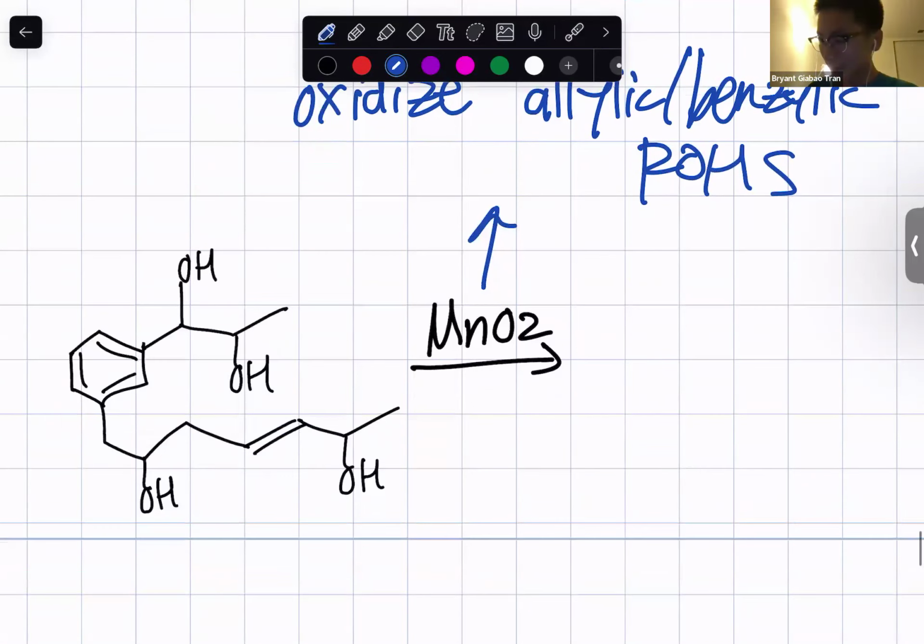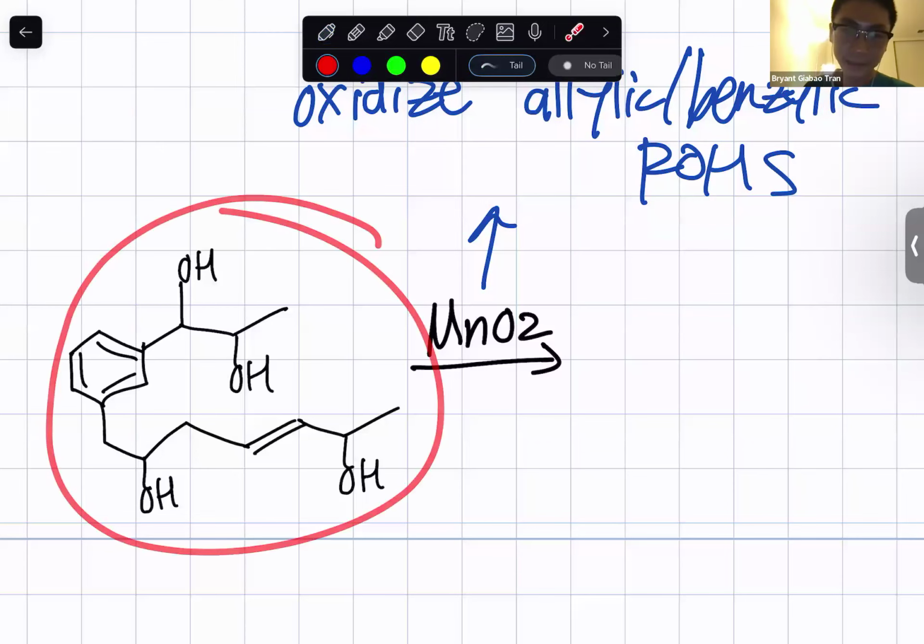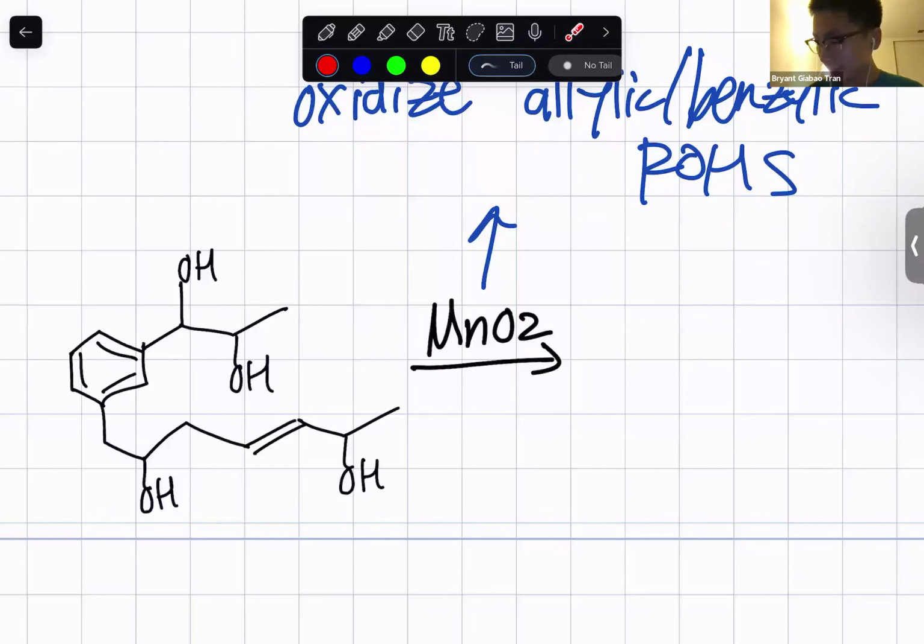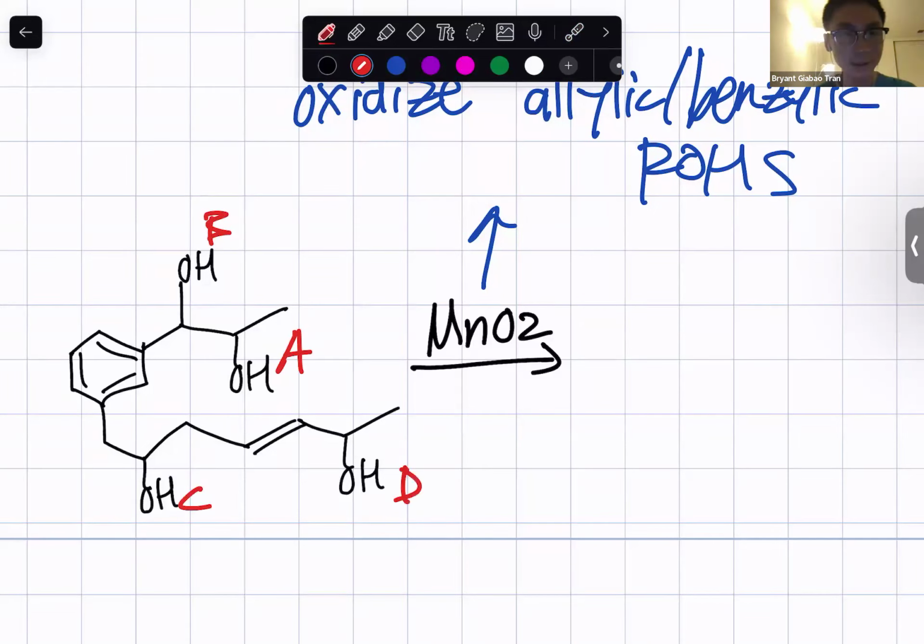So once you have this polyol reactant, with a lot of alcohols, you first determine which ones are your allylic and benzylic alcohols. Let me just say this is A, B, C, and D. Which ones are allylic and or benzylic?